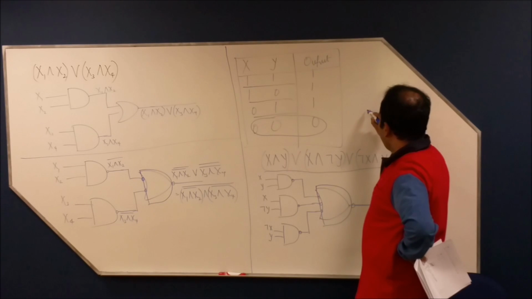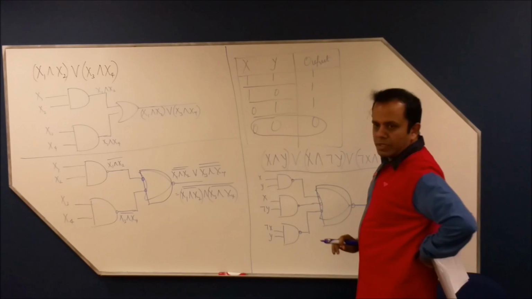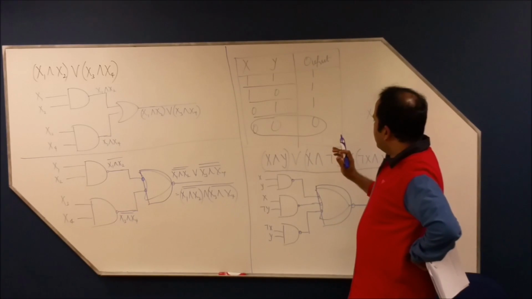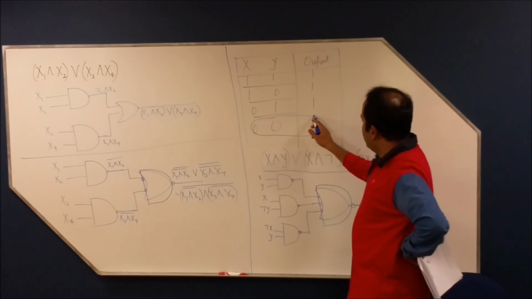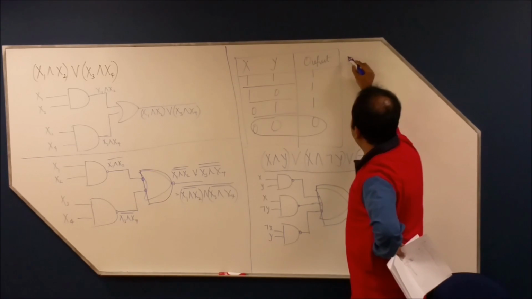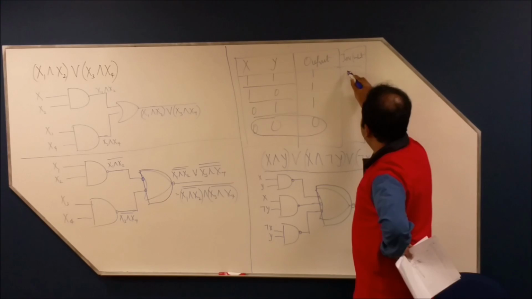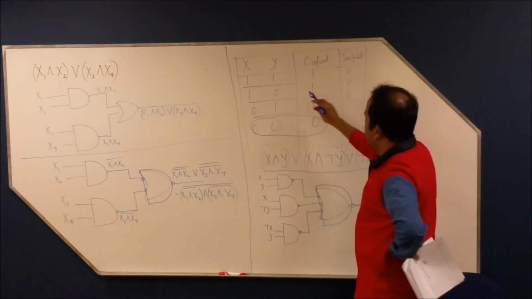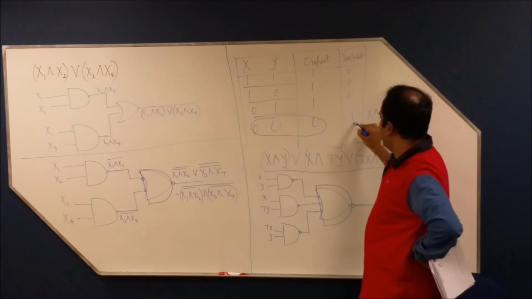Now x and y is 0 in this case, but if we could somehow invert the output, say I just invert the output, then the first three rows all go to 0 and the last row goes to a 1.